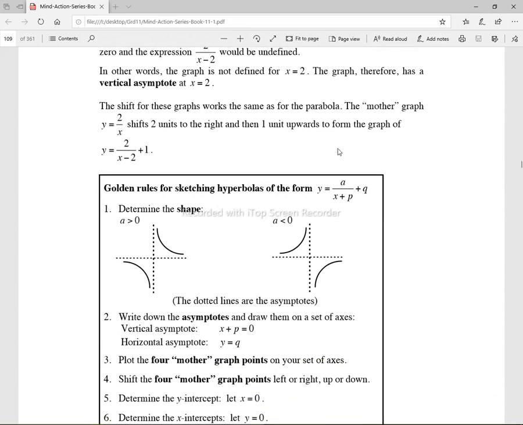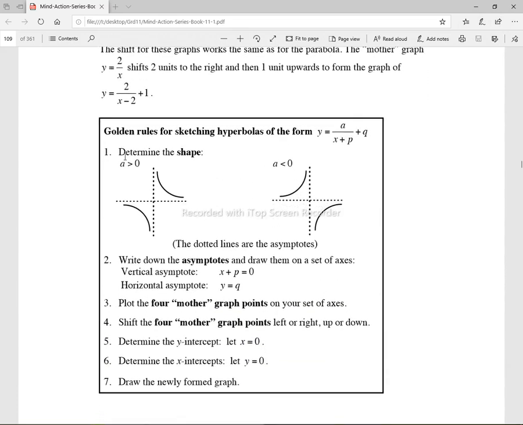When determining the shape, when a is greater than 0, your graph will be in the first quadrant as well as the third quadrant. When a is less than 0, meaning when a is negative, your graph will be in the second quadrant and the fourth quadrant. This is basically how your graph is going to look. Don't worry, we are going to do some examples on how we handle this kind of equation.